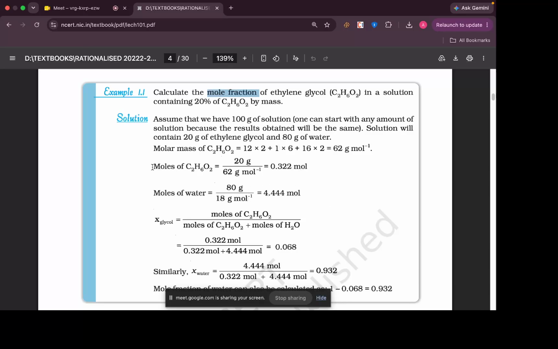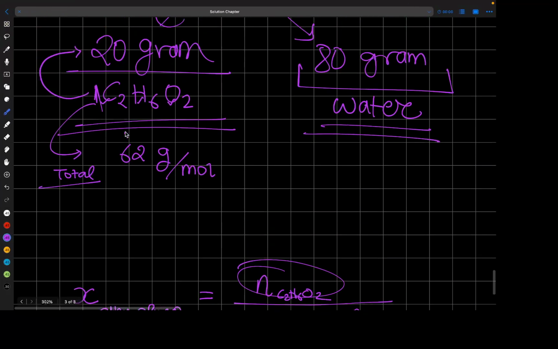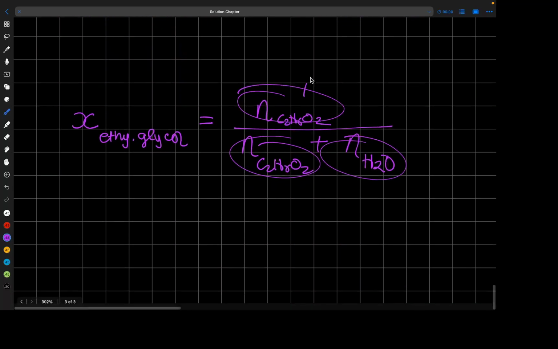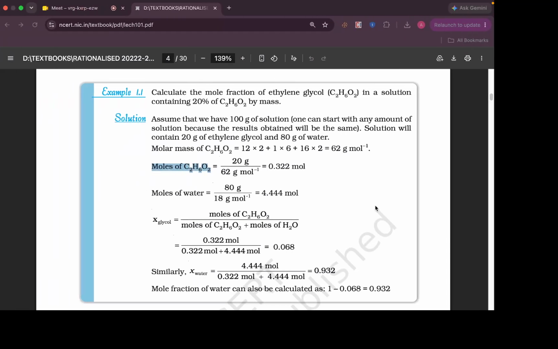Next is moles of C2H6O2. First I will find that. Very simple. I know it is 20 gram, and the total molar mass is 62 gram, so I will just do 20 divided by 62. Done. Now I need water. Water I know already, I have 80 gram.